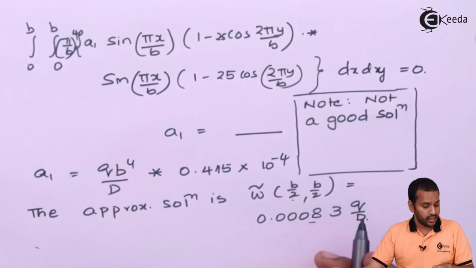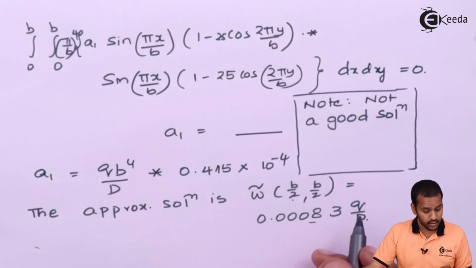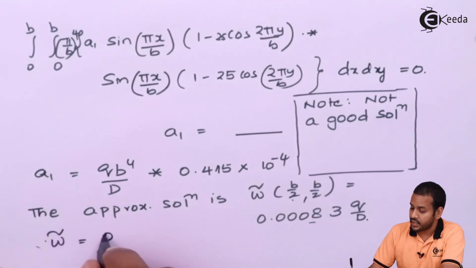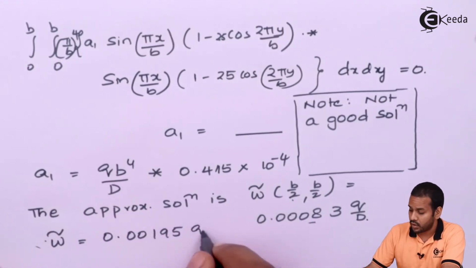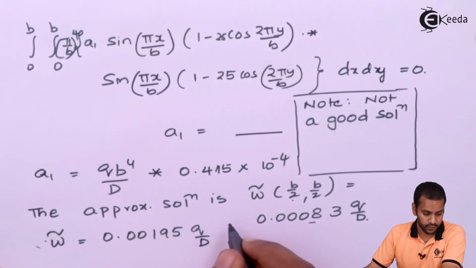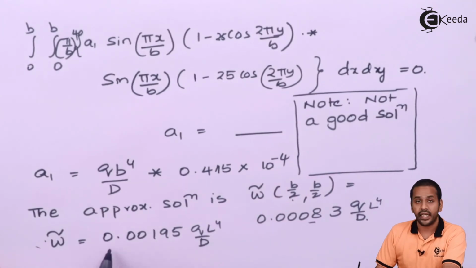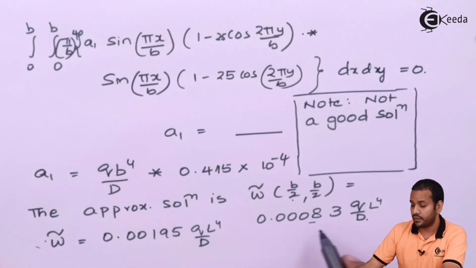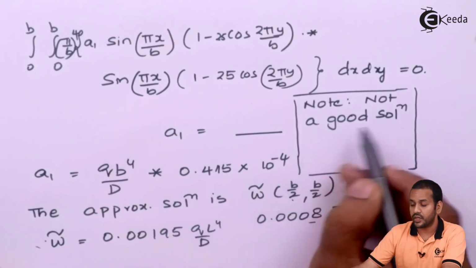I have written the analytical expression for this in the last class. The analytical deflection is 0.00195 q by D; L power 4 will come here. So this is our analytical solution, and this is our approximate solution from the method of least squares, which is far away from the analytical solution. That is why this is not a good solution.